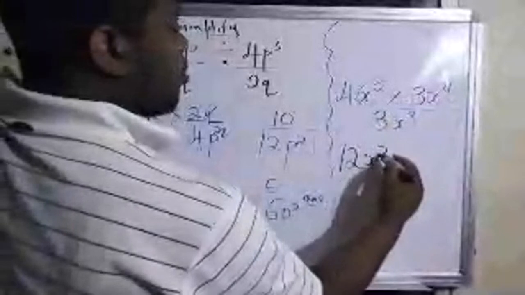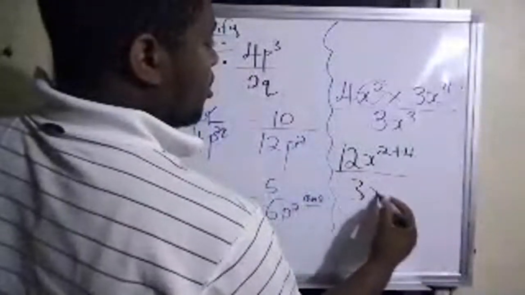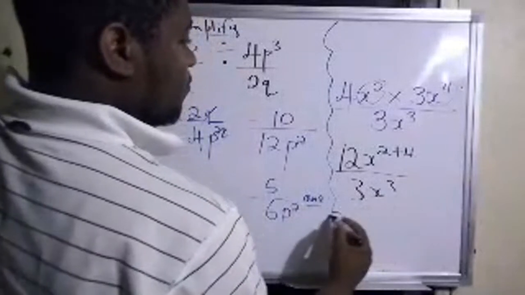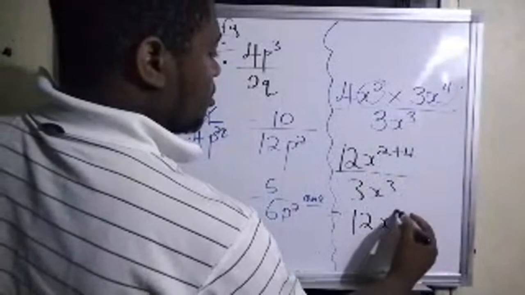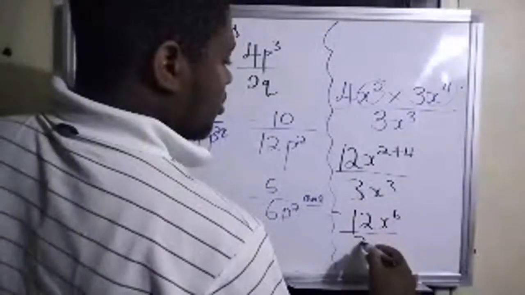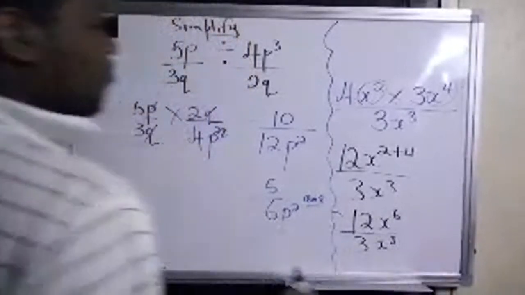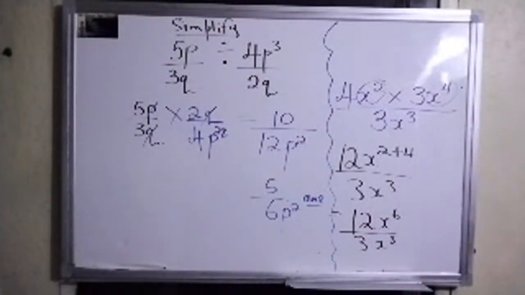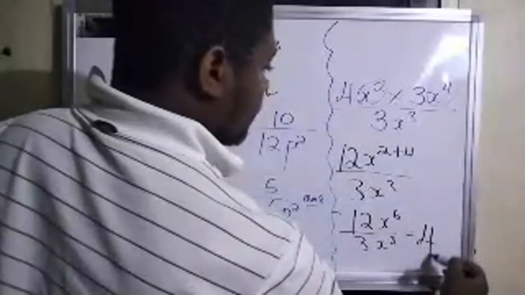So 2 plus 4 is x to the 6, and we divide by 3x cubed. So 12 divided by 3 gives us 4.